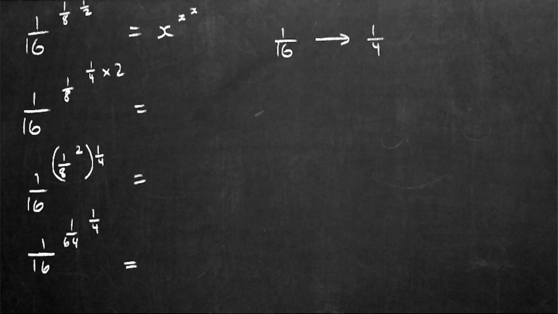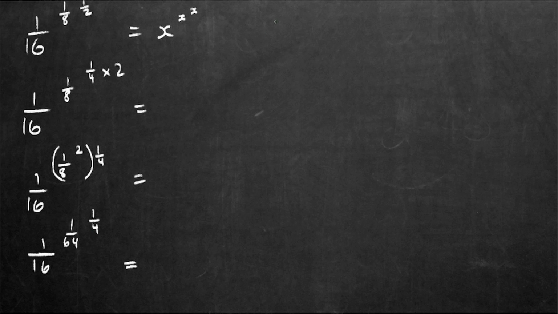Well, if we raise it to the power of a half, that's the same as square rooting it, so that gives us 1/4, right? So we need to break 1/64 down into something that gives us the 1/2 that we want. But remember, we've still got this, so it's not as simple as that.